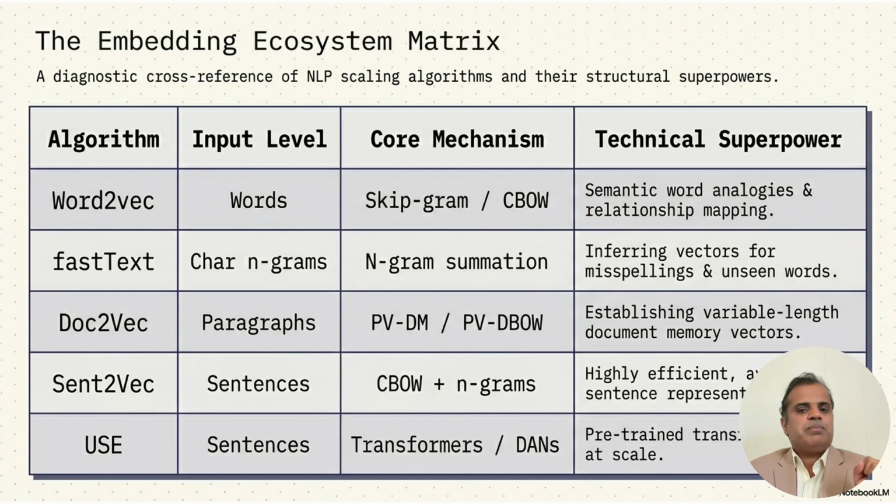Doc2Vec gives us persistent memory for variable length paragraphs. Sentence2Vec provides highly efficient average sentence representations. And finally, Google's Universal Sentence Encoder, USE, offers pre-trained macro embeddings for large-scale transfer learning.